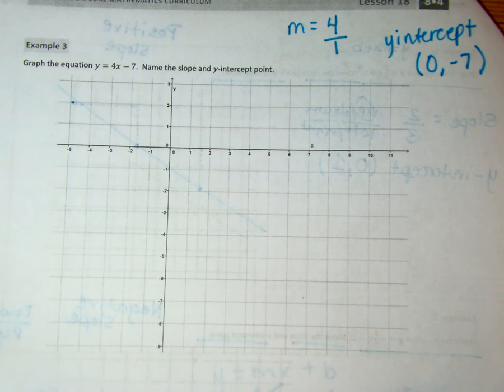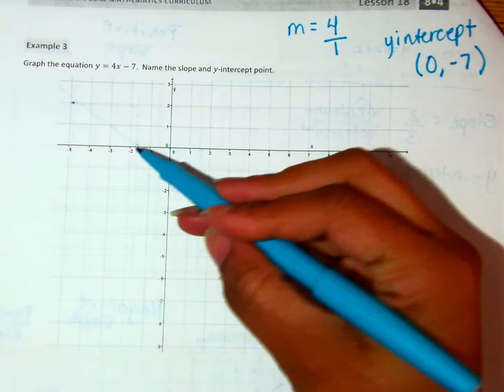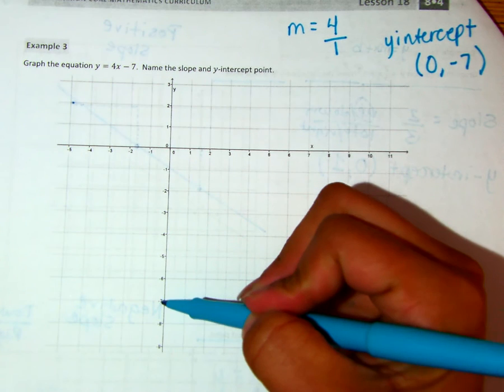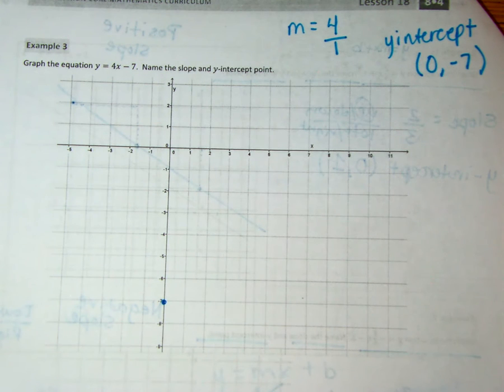What's the first thing I need to do to begin to graph this equation once I've named the slope and the y-intercept point? Yep, I want to plot 0 and -7. What's my next step to graph the equation after I've plotted my first known point? I want to use slope to move to the next point.